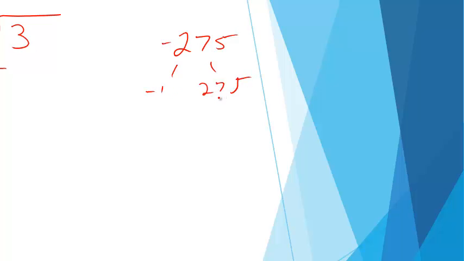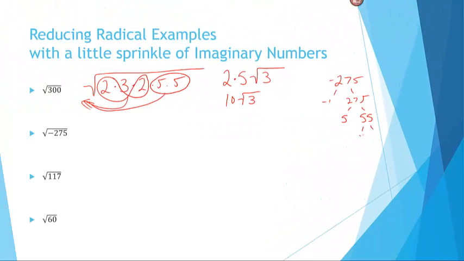Then 5 and 55, and then 55 reduces to 5 and 11. Put those under our radical. Now look for pairs and any negatives.